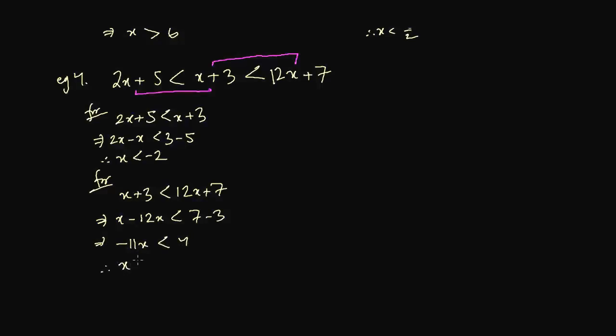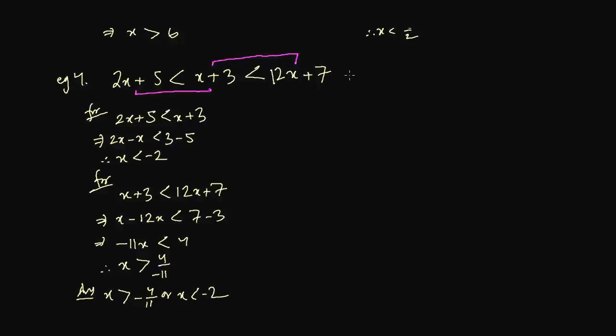So therefore now again we have a negative number, so that will reverse the inequality sign. It will become greater than 4 divided by minus 11. So that's the answer. Now we need to restate the answer, and it is very, very important to restate the answer. The first one is x is greater than minus 4 by 11, or x is less than minus 2. So that's what we are going to have.